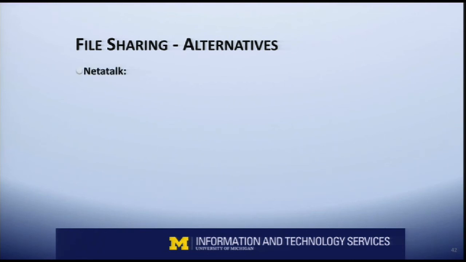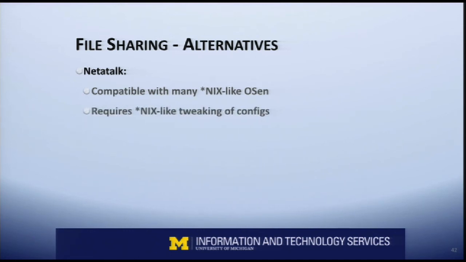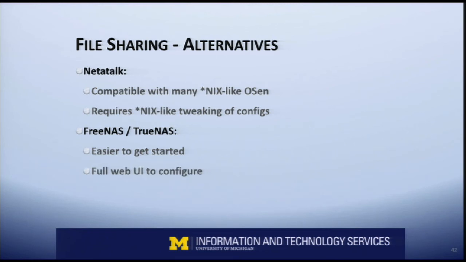So some of the pros and cons of these solutions. Netatalk is compatible with many Unix-like OSs. You need to do a little more hand tweaking. You need to get into some configs and set things up the way you want it. Compared to that, FreeNAS has a nice web interface. It's easier to get started. They have a VM you can put down and get started with. The web UI is very pleasant to use. I've never had any problems with it.